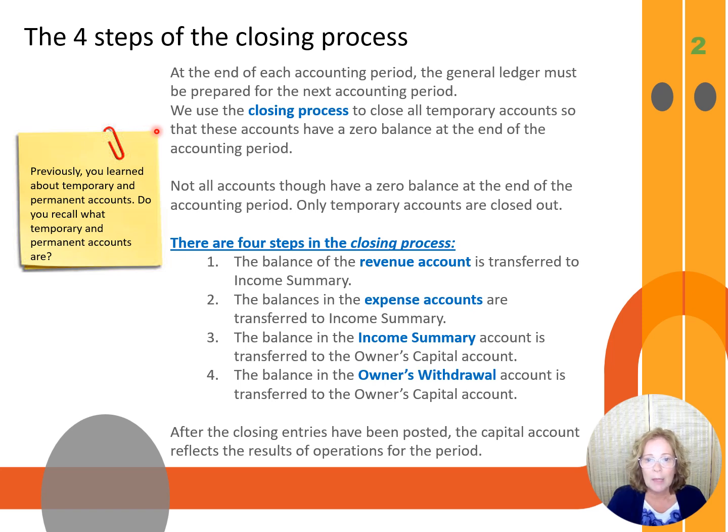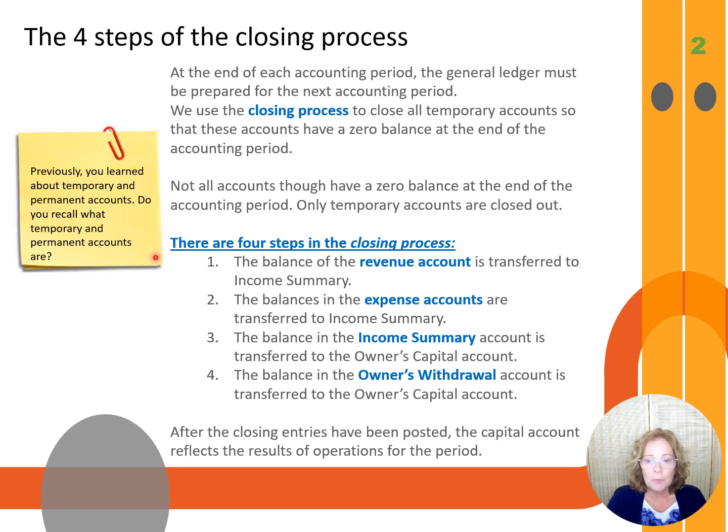That is why we close the temporary accounts, so that these accounts have a 0 balance at the end of the accounting period. Temporary accounts include revenue and expense accounts and owner's withdrawals and dividends.